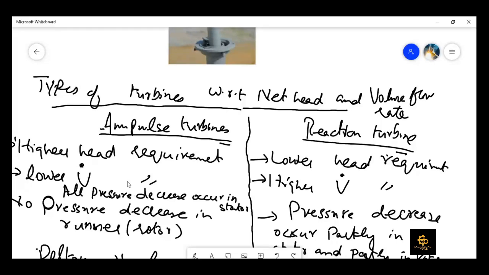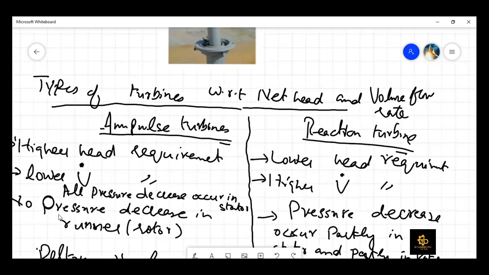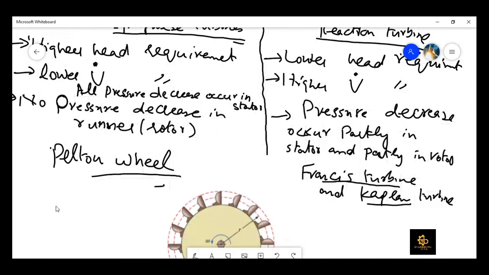So the pressure decrease only happens in the stator stage. There is no pressure drop in the rotor blade. It is more a change in momentum due to change in velocity direction. So that's why we assume that there is no pressure decrease in the runner.